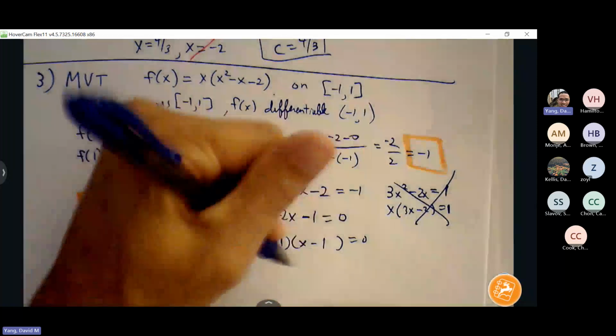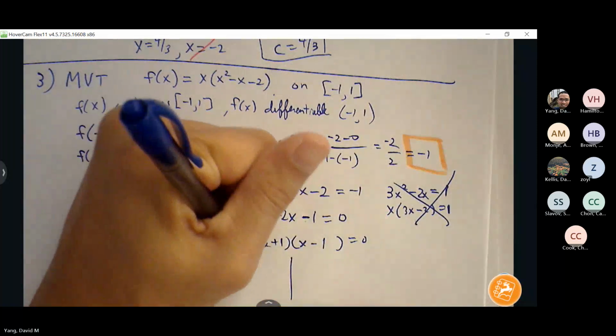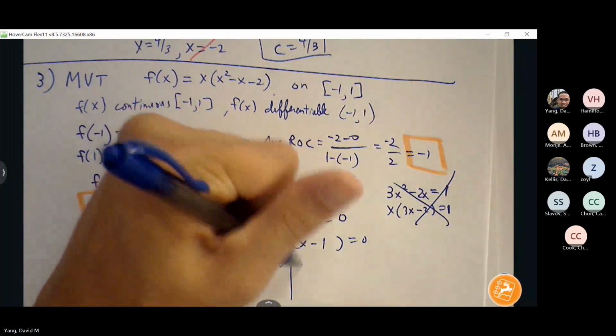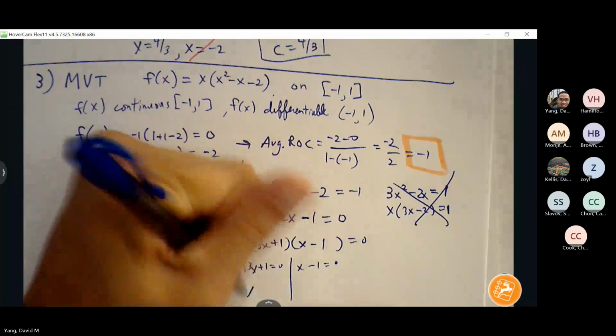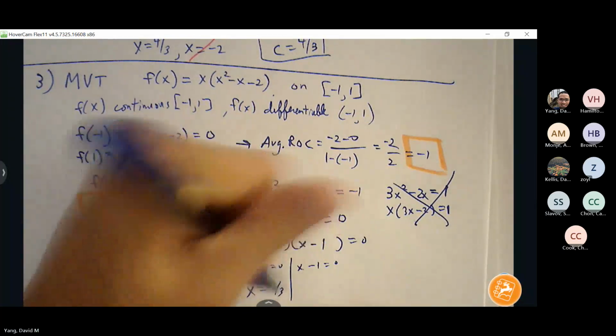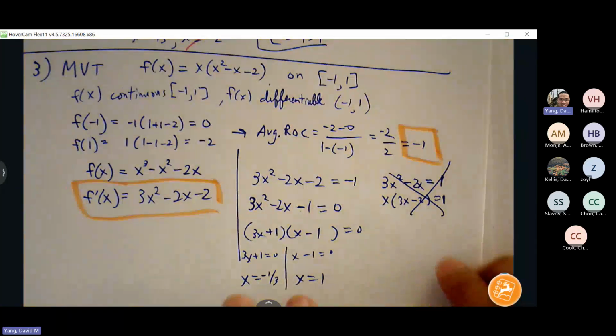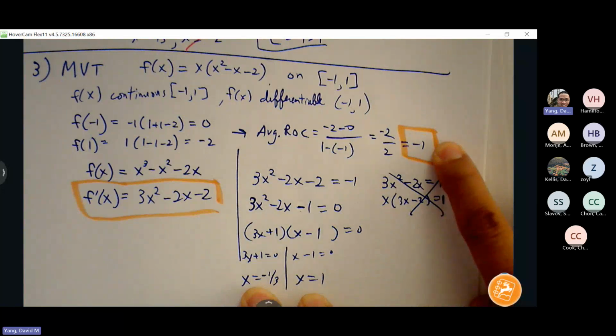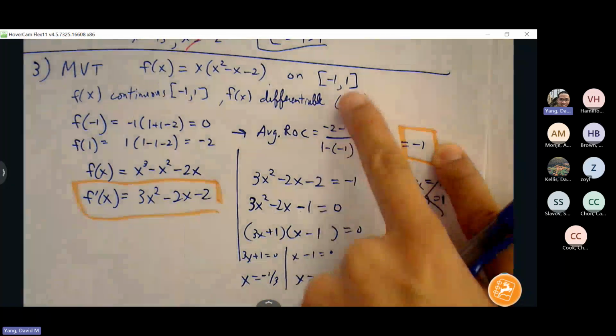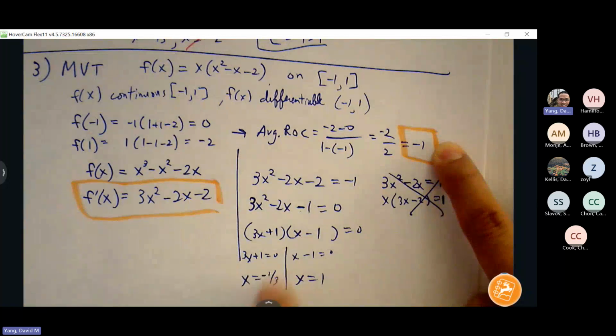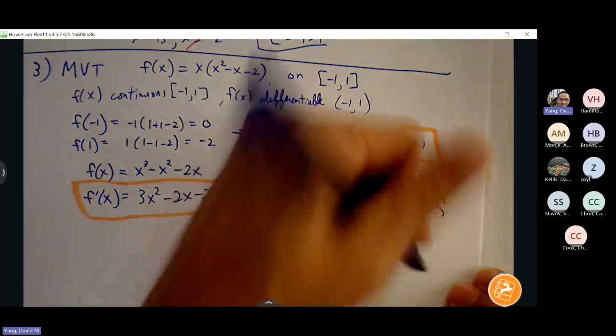Okay, solve for x. So we have two different locations on this curve where there's a slope of -1, but I'm only looking for what's between the intervals. So 1 is out, only -1/3 lands inside my interval.